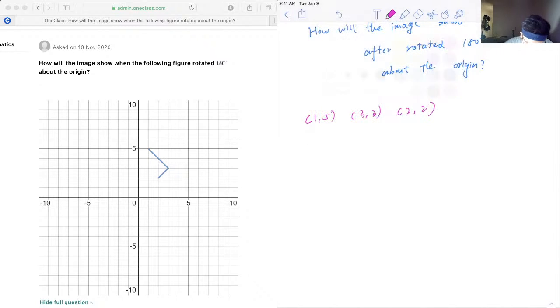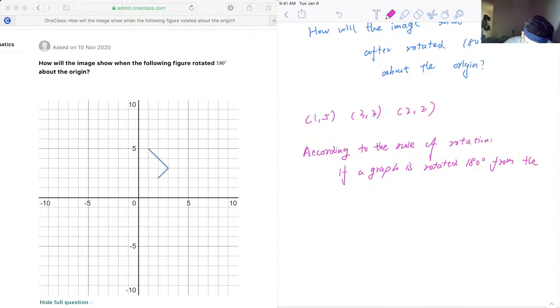Okay, so let's write that down. According to the rule of rotation, if a graph is rotated 180 degrees about the origin, then the points in the form x, y will become negative x and negative y.